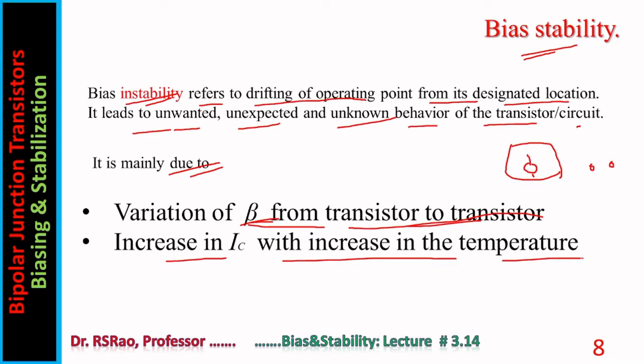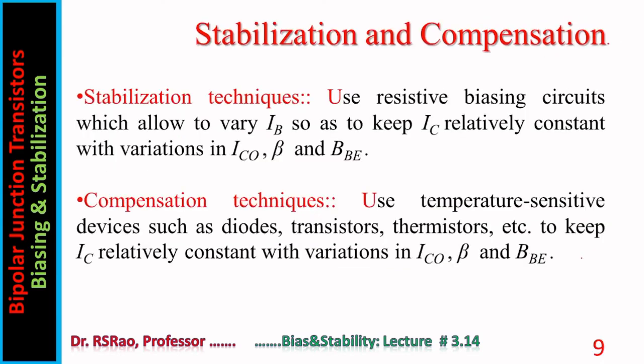When ICO doubles, naturally IC also changes. Beta changes with temperature, resulting in change in IC too. So IC changes with the temperature. When IC changes, drift in operating point location automatically occurs.